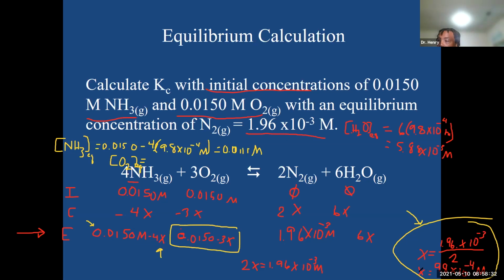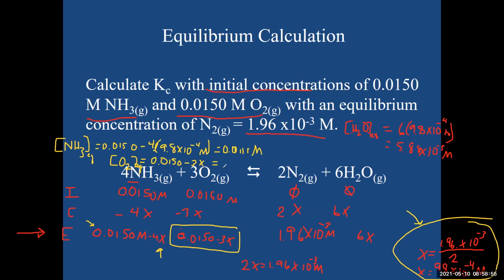So we solve for X, how much is transferred between all of the different chemicals. X is this. So the equation for the concentration of oxygen is just going to be equal to 0.0150 minus 3x.